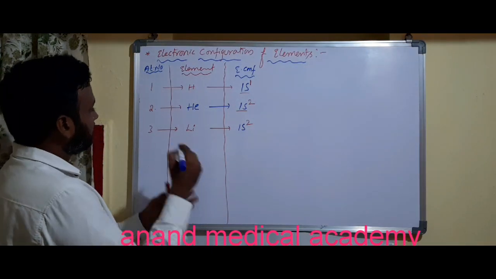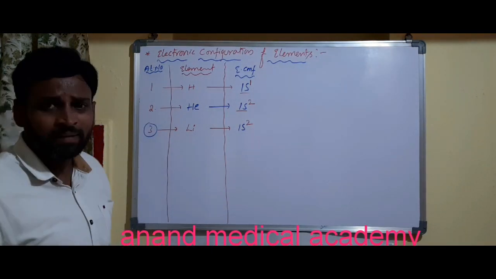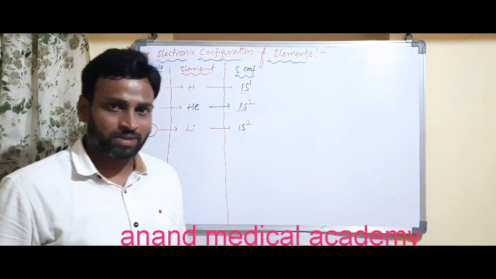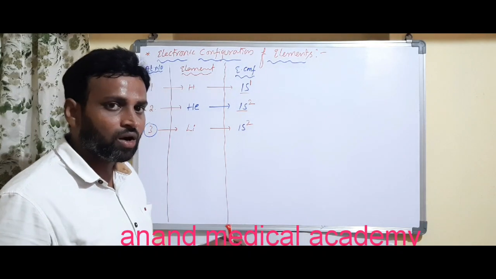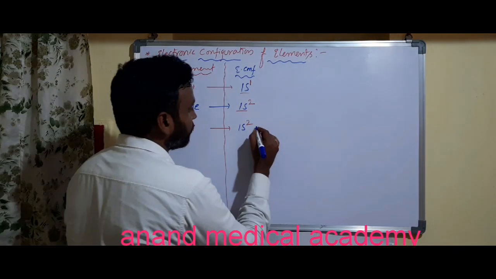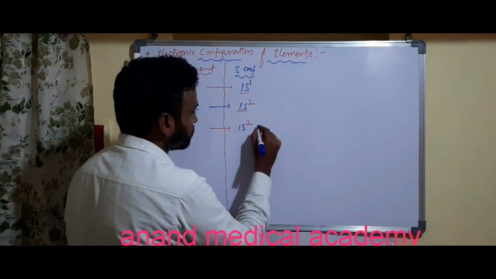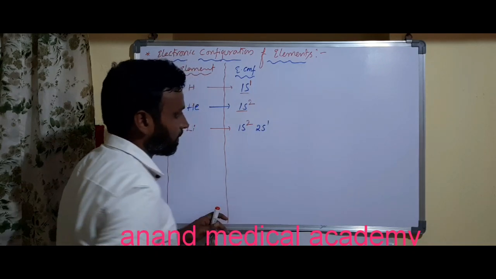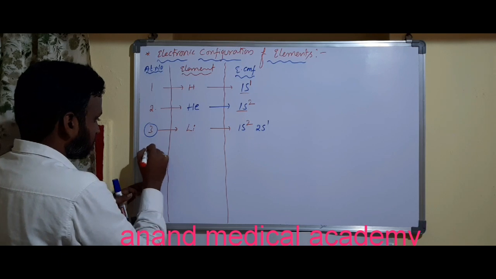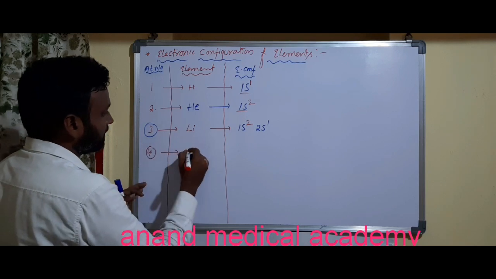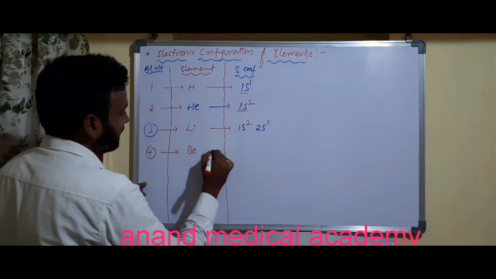Because lithium has atomic number 3, meaning 3 electrons are present. So 2 electrons can be placed in 1s. According to the order, after 1s what do you have to fill? 2s. So 1s2 and 2s1. Okay. Next, the fourth one is beryllium.